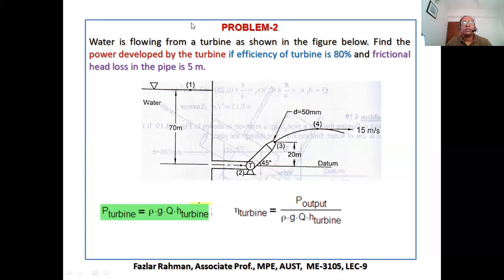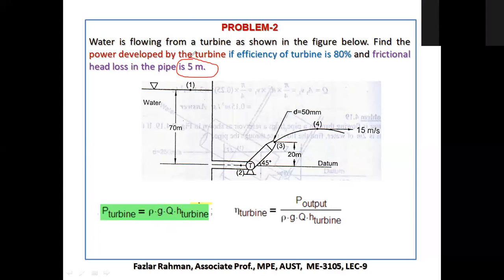HL is already given in the problem, equal to 5 meter. But in the next chapter, we'll show you how you can figure out the value of HLF from the Darcy-Weisbach equation. But right now we are solving a problem where the frictional loss is already given. So you don't need to use it.